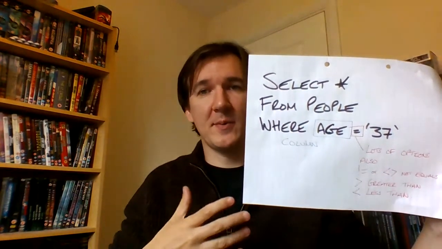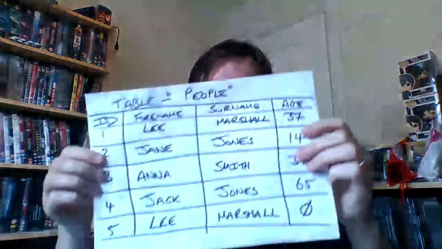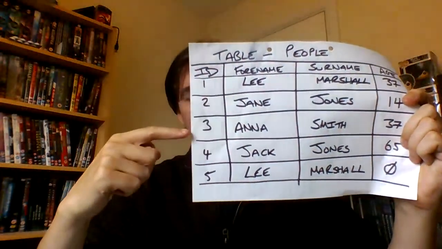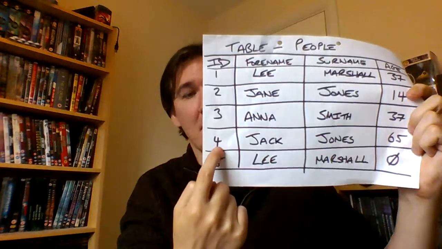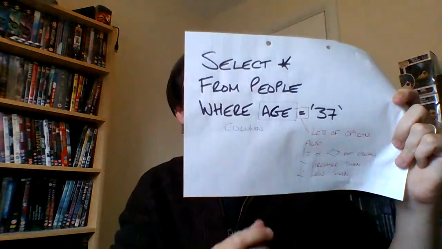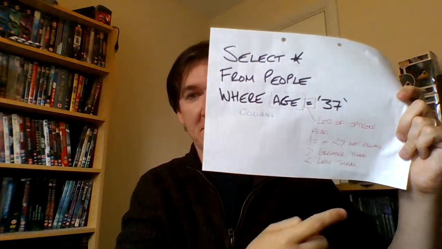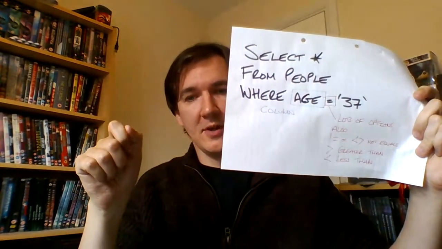And if we said, show me people who are older than 37, instead, we wouldn't have got that one or that one because they're exactly 37, but we would have got Jack Jones, 65. Or you might go, I want people who are less than 37. In this case, you use the opposite one.